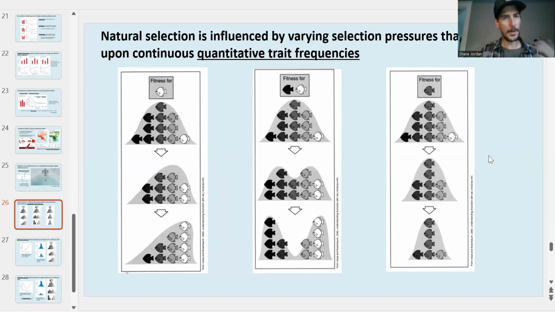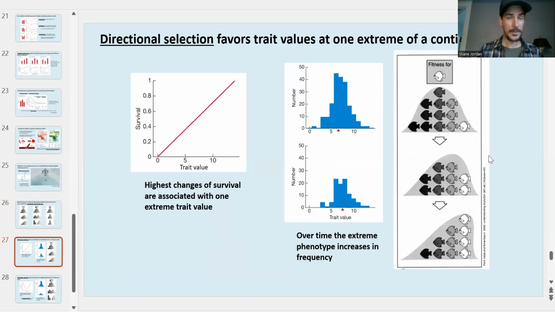And these types of models of natural selection have very specific definitions. And so the first example where we look at fitness for the light colored fish, hypothetically speaking, being favored is something we call directional selection. And basically, we can look at this on this graph here where as the value of this trait increases, that is, as the trait is becoming increasingly lighter and lighter in color, the survivability of individuals who carry the trait is going up and up.